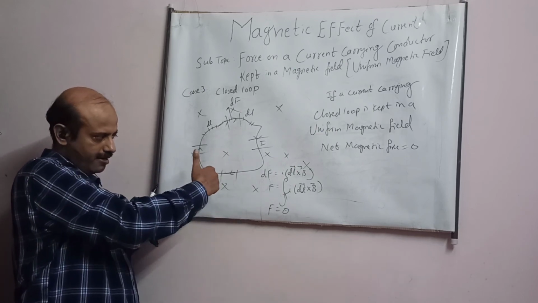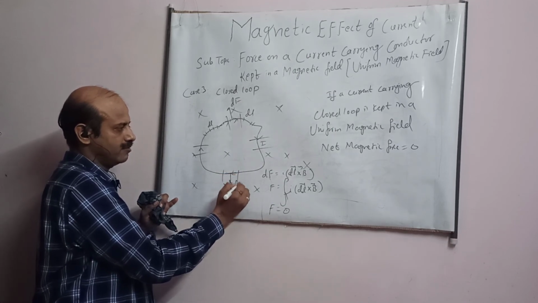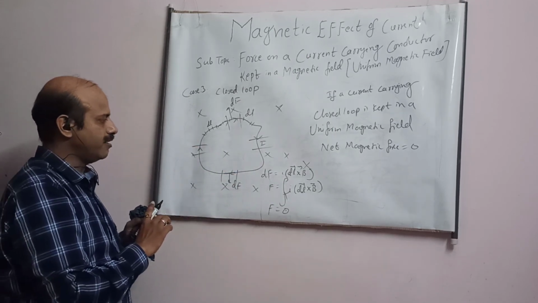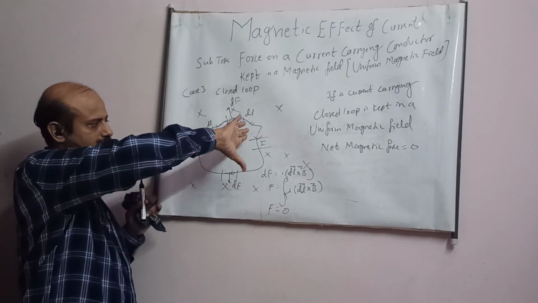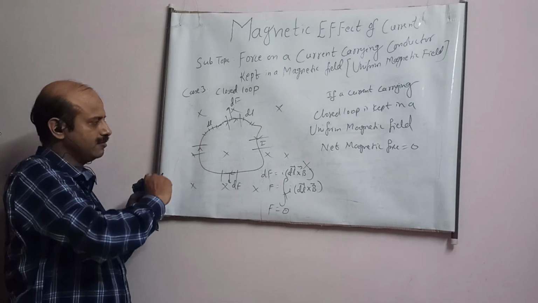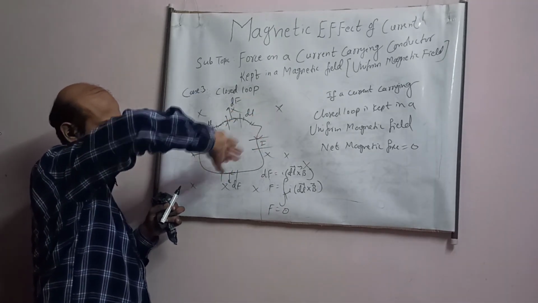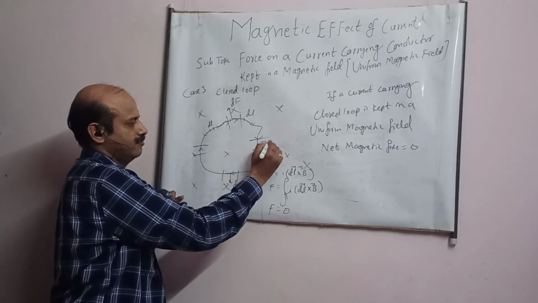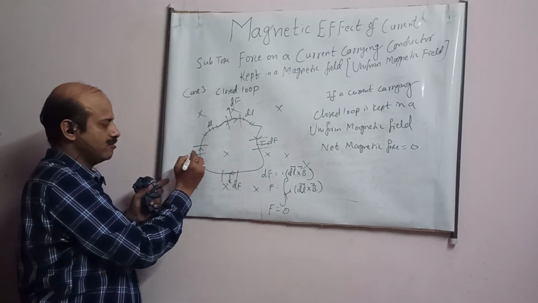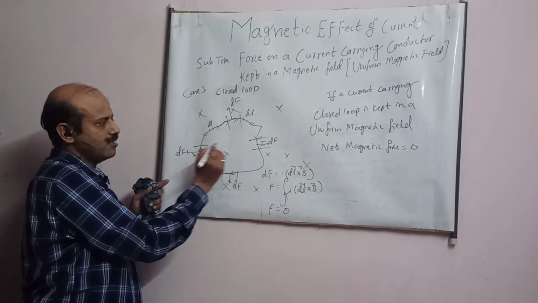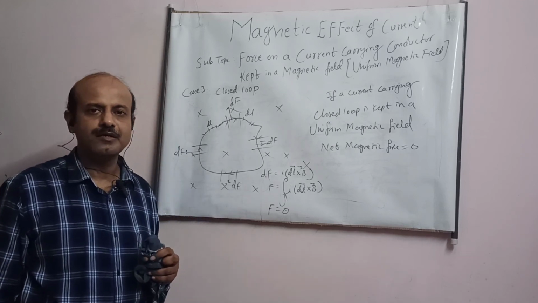See, this is the current, magnetic field is inside, force will act downward. Similarly, if I find it here, on this part and on this part. This part, how much is the force, student? And this part, how much is the force? Just see, they will all cancel each other. Hence the net magnetic force will be 0.